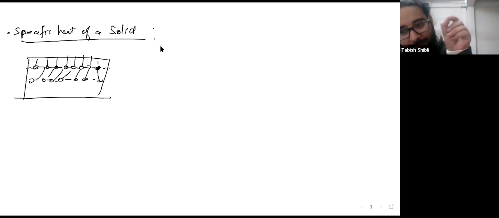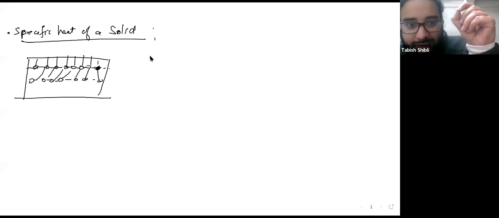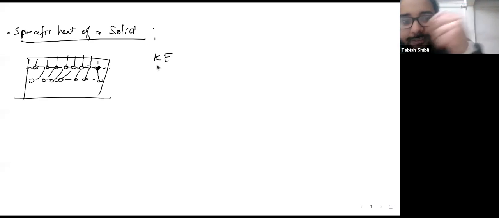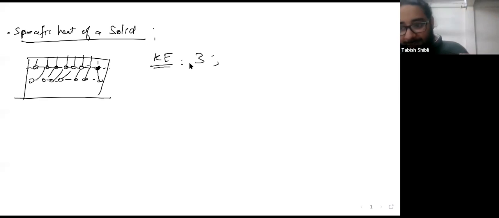It can vibrate along the x-axis, along the y-axis, and along the z-axis. So in the case of a solid, if we just want to take kinetic energy, then that's three of them. And vibration also, it can vibrate along the x-axis, along the y-axis, and along the z-axis, correct? So for potential energy also there are three.